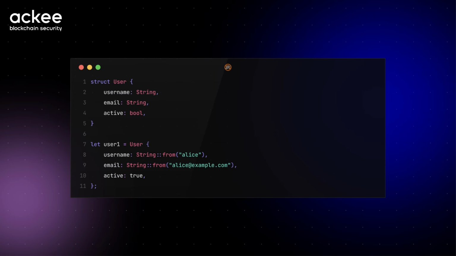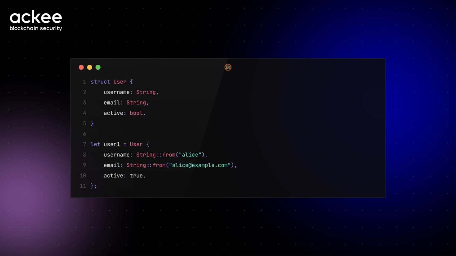You can even have nested structures or nested structures and enums, for example. So you can have a structure which contains an enum. You can have enums which contain structures and so on.